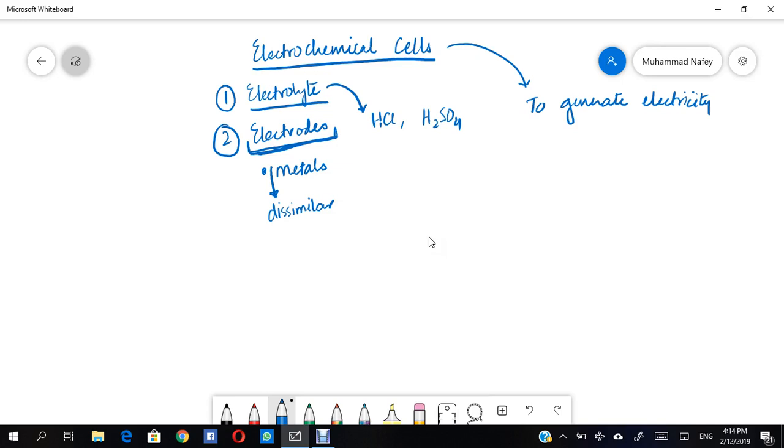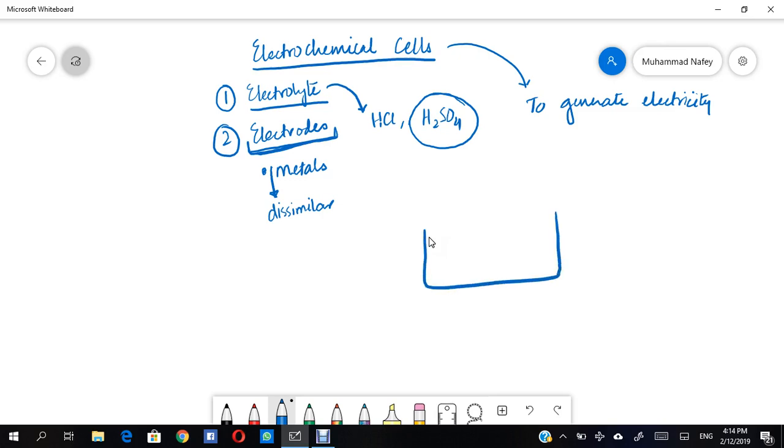All those batteries have electrolytes, and those electrolytes are basically sulfuric acid. The electrodes are made of lead and lead oxide, but we won't talk about lead oxide here. We'll keep things very simple, and our electrodes would both be metals. So let's get started.